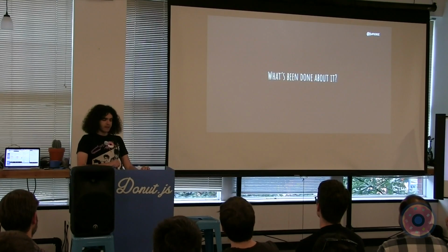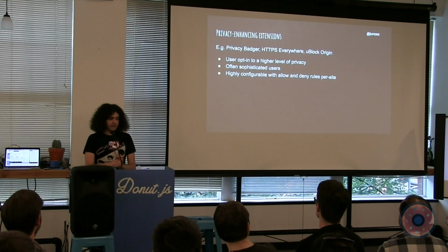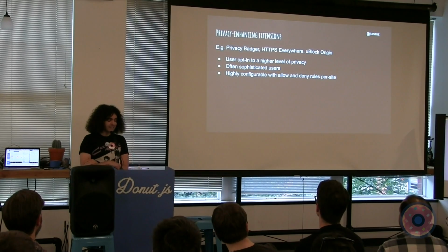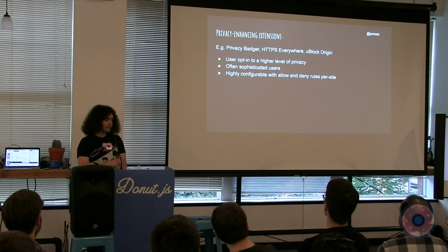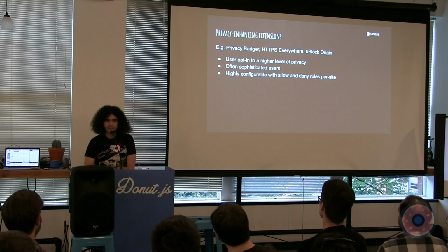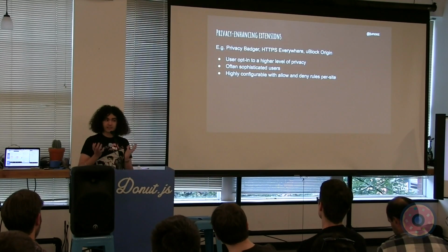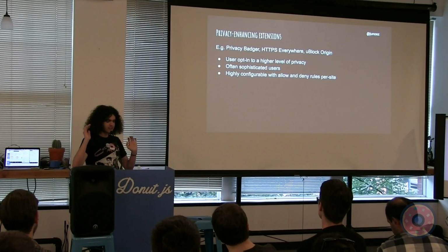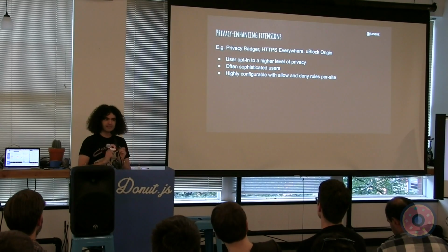So what's been done about it? Well, a lot of things over the years. Briefly, some things have been privacy-enhancing browser extensions. For example, Privacy Badger, HTTPS Everywhere, uBlock Origin. These have been really great for experimentation, and many of these have been written with a sophisticated user audience in mind and are very customizable and extensible, and you could have custom block lists and all kinds of things and make exceptions on a per-site basis.